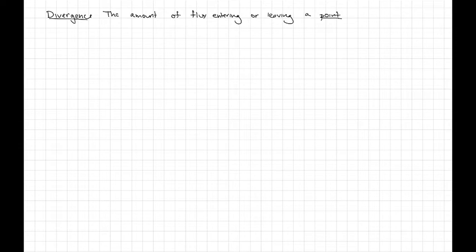So let's think about the electric field around a positive charge here. I'm going to draw some vectors that describe this electric field.